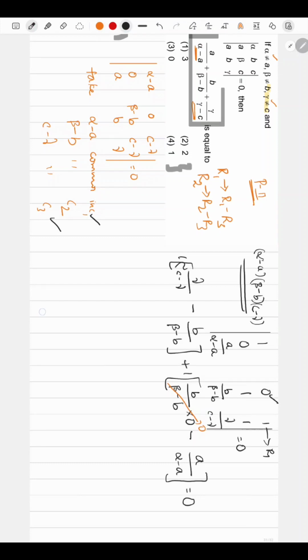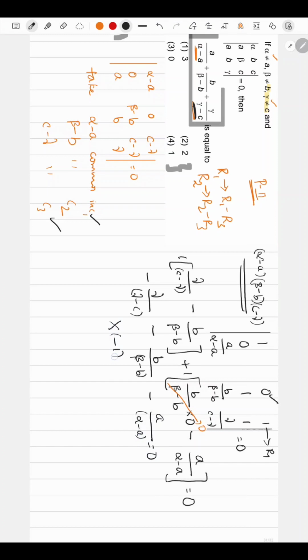Now here in this first term, take negative sign common, minus gamma divided by gamma minus C, because here required thing is gamma minus C. Next minus B by beta minus B, and this is 0. Plus into minus is minus A by alpha minus A, which is equals to 0.